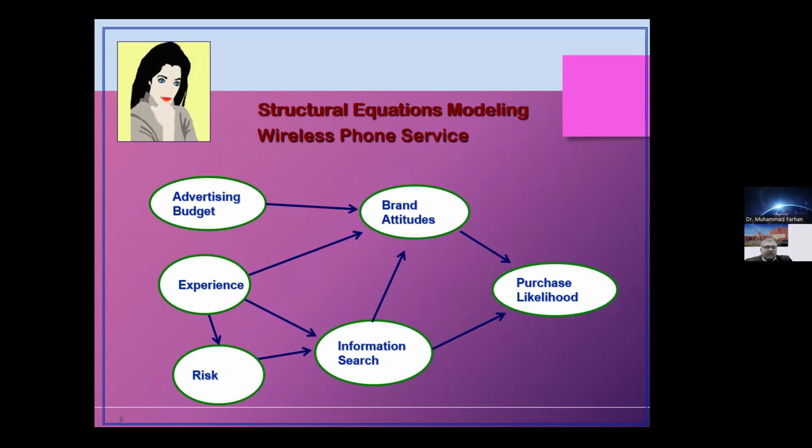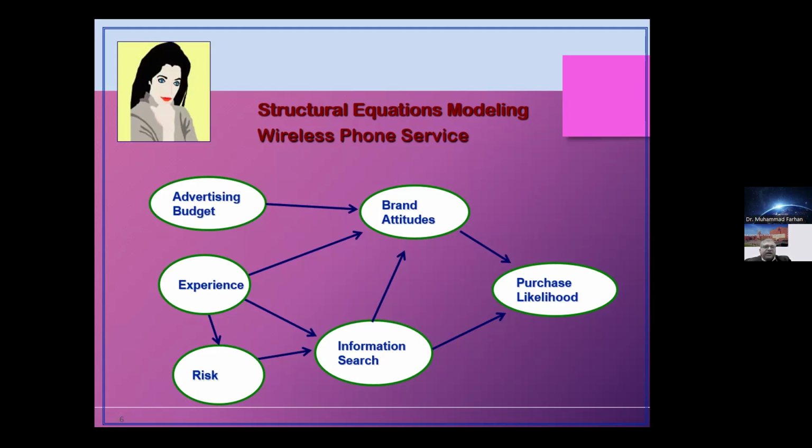So for brand attitude, there are three variables which have an effect. And if you look at information search, again there are two variables, experience and risk. Then brand attitude also has a relation from information search.